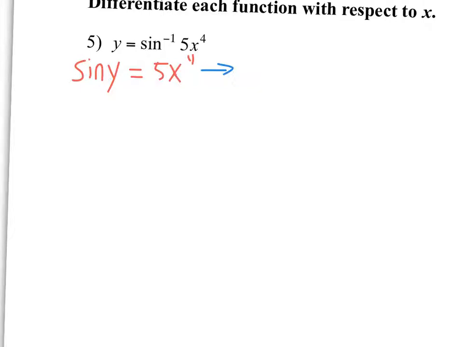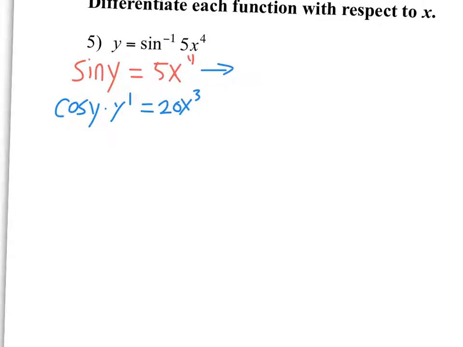Put an arrow here to indicate this is where we're going to make our picture from. But we know we need to get y prime, because that's what we're trying to find, the derivative of this thing. And that's going to be cosine of y times y prime, or dy dx. And on the right side, we've got 20x to the 3rd.